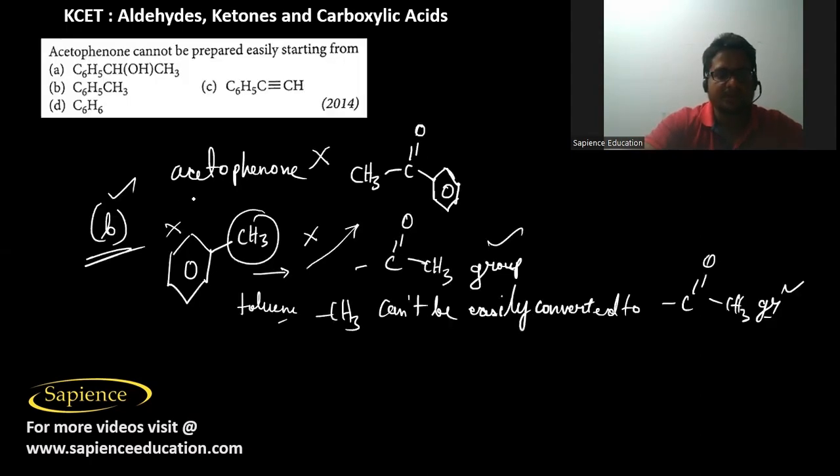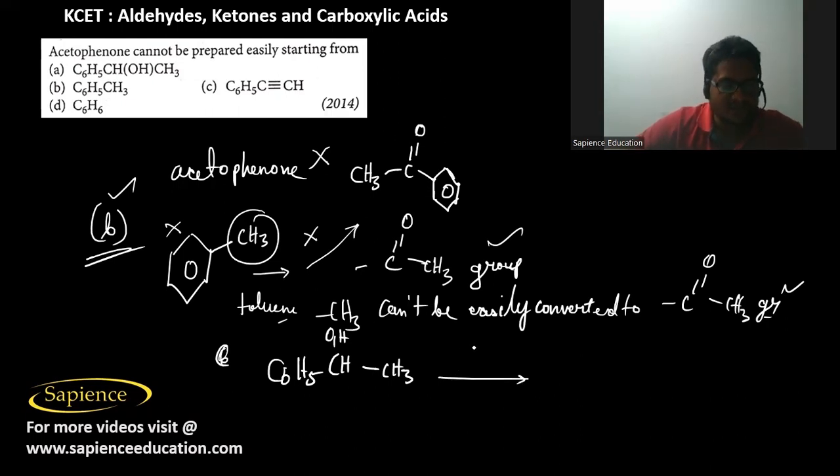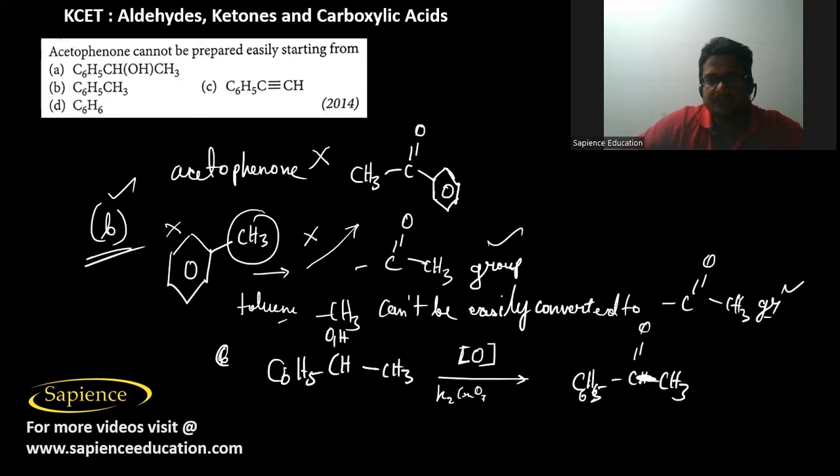So in the previous one, from methyl phenyl carbinol, which is C6H5CHOHCH3. If it is oxidized using K2Cr2O7, it will give nascent oxygen. Then it will form acetophenone, COCH3.